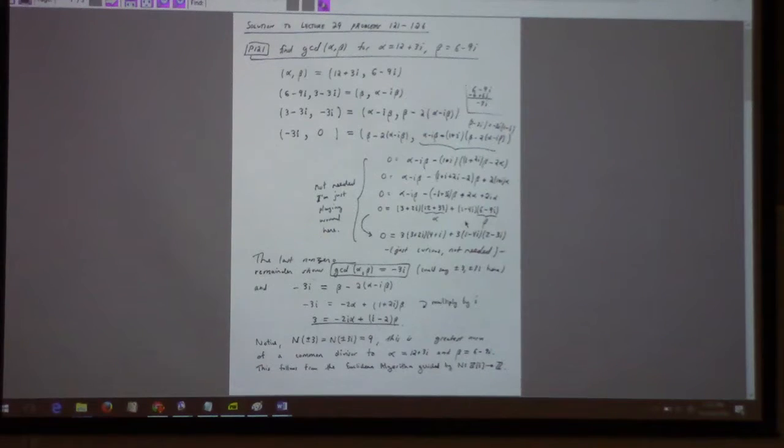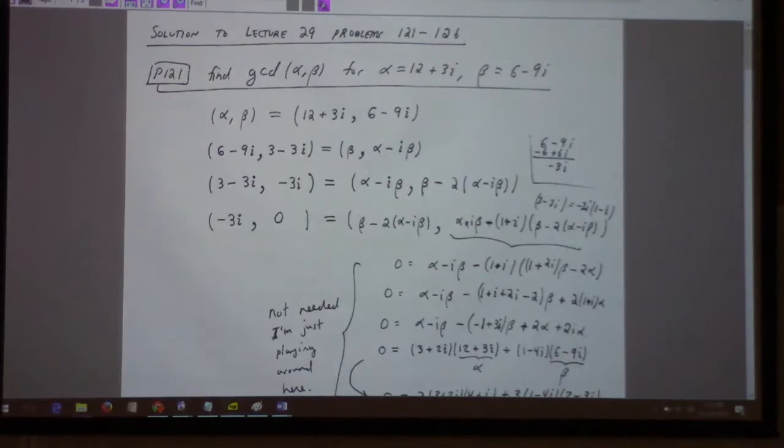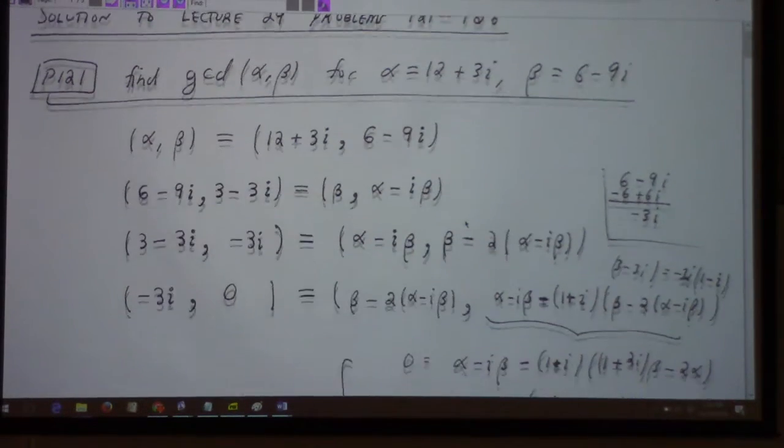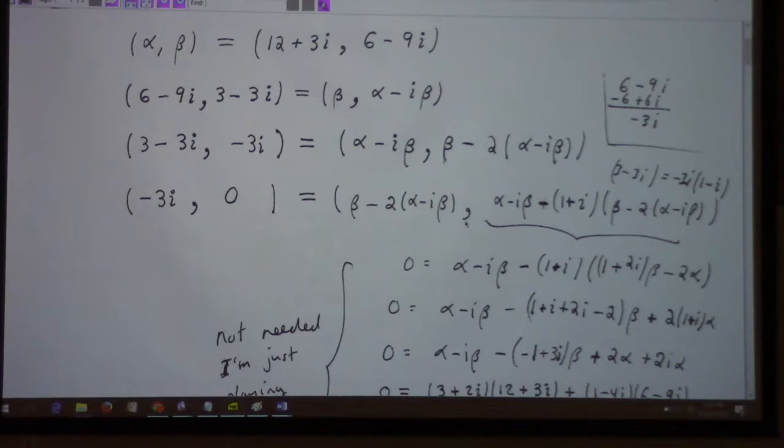So you get 0, but I thought that meant that negative 3i would be... Oh, when I get 0, that means that the step before it, yeah. Okay. But if you follow the steps, it also gives you a way to construct a linear combination of them that gives you 0 as well, for what it's worth.